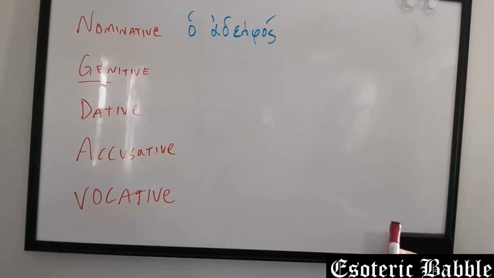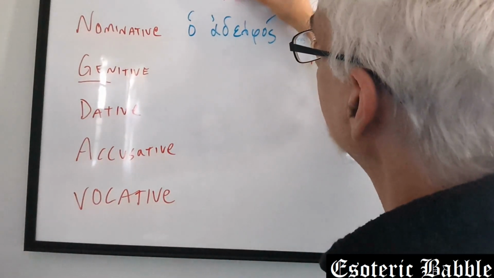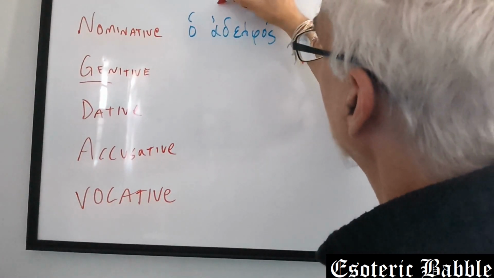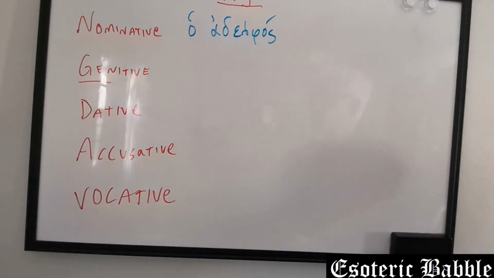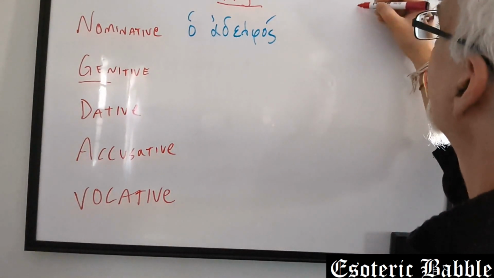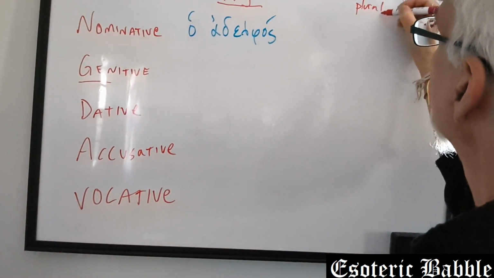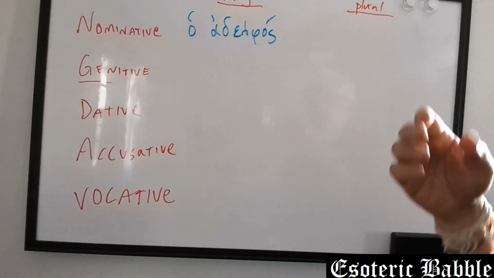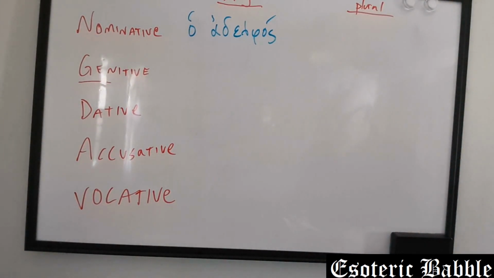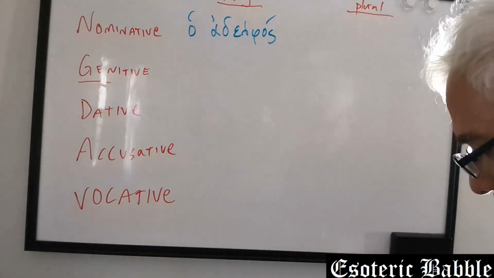Now this is the singular instance, this column here. Just like before, we didn't really say that, but he and her, singular, and then they would be plural. So ho adelphos means the brother. And it could mean obviously like an actual blood brother or a brother in the faith.